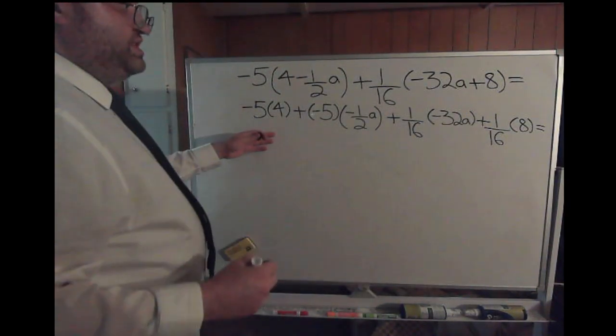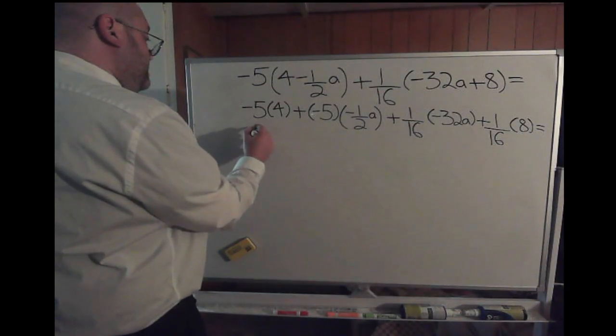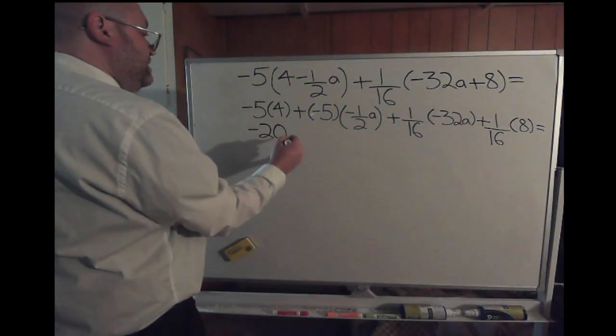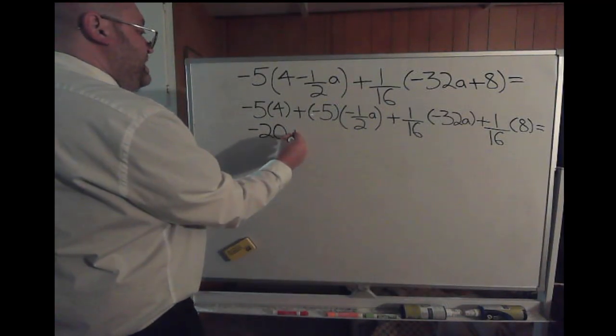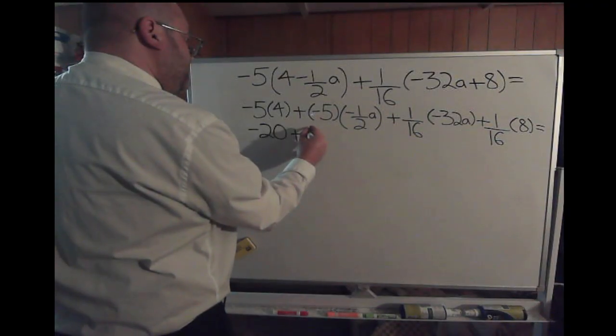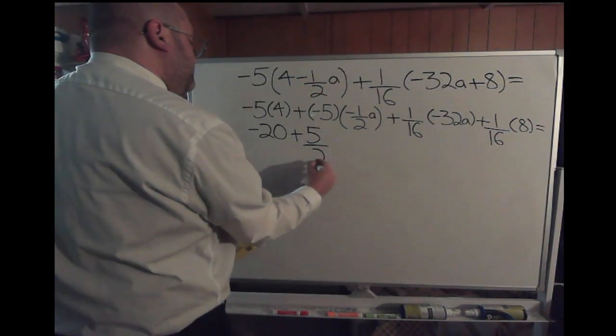Well, now let's just take each term, we'll do the multiplication. Negative 5 times 4, that's going to be negative 20. You'll have negative 20. Plus, then now you have negative 5 times negative 1/2. That would give you 5/2 a.